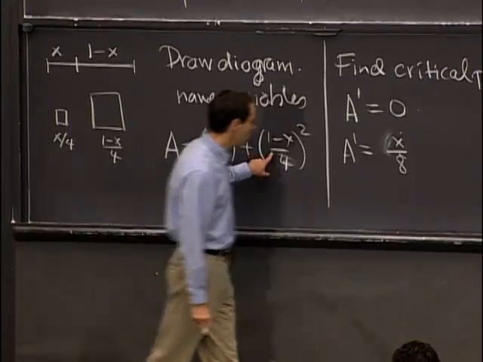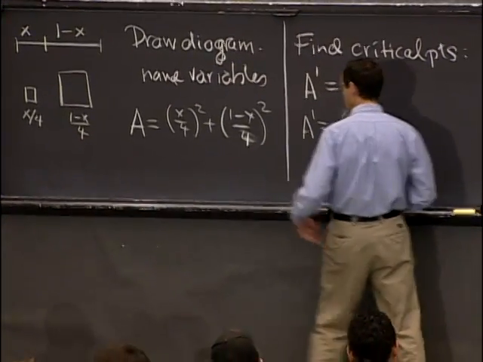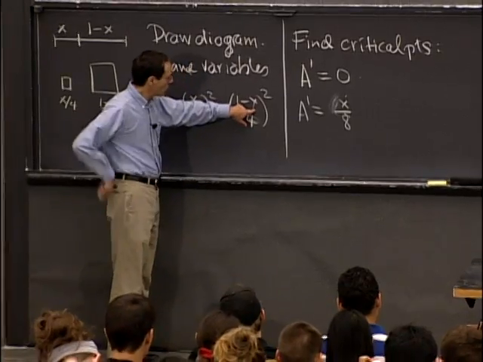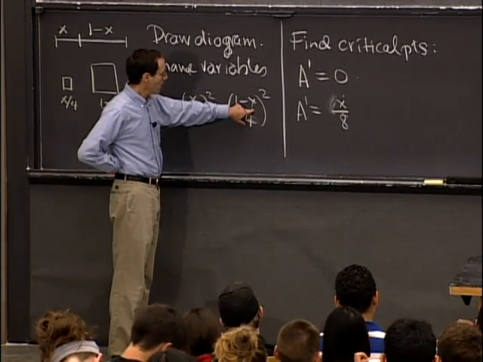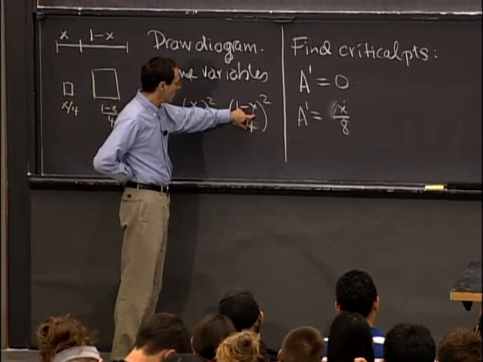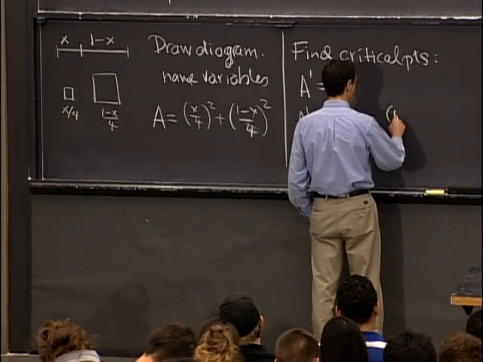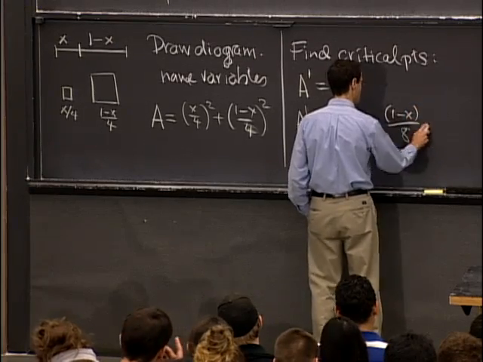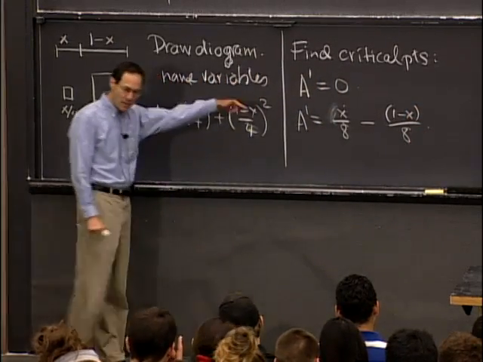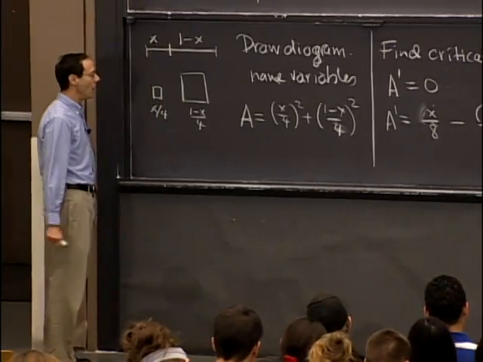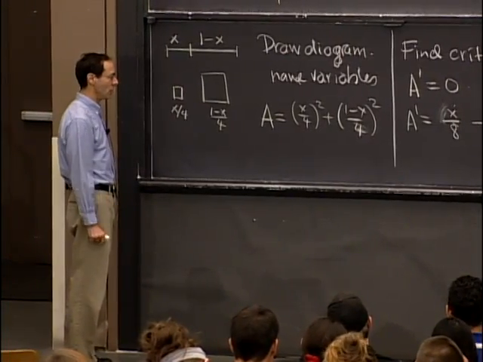And if I differentiate this, well, the derivative of (1 minus x) squared is 2 times (1 minus x) times a minus 1. So it's minus (1 minus x) over 8. There are two minus signs in there. I'll let you ponder that differentiation, which I did by the chain rule.